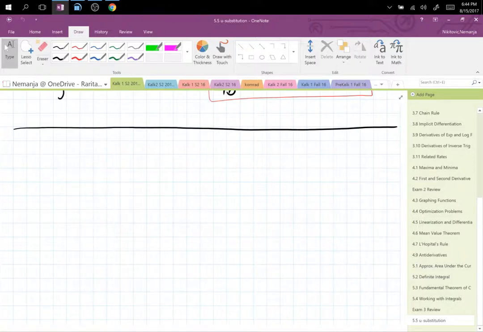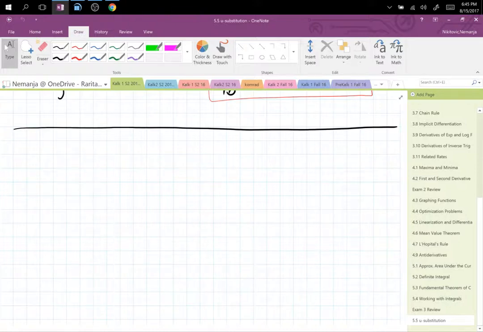I personally like to change the limits along the way because it helps me not forget to do it, and it also helps with calculations. It's faster. So let's take a look at one of the introductory examples.